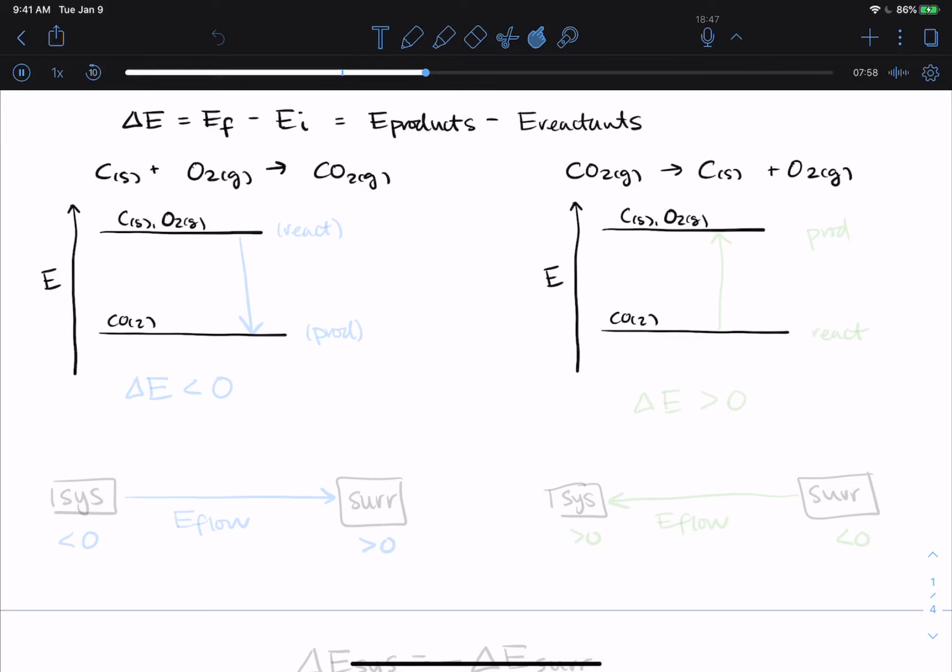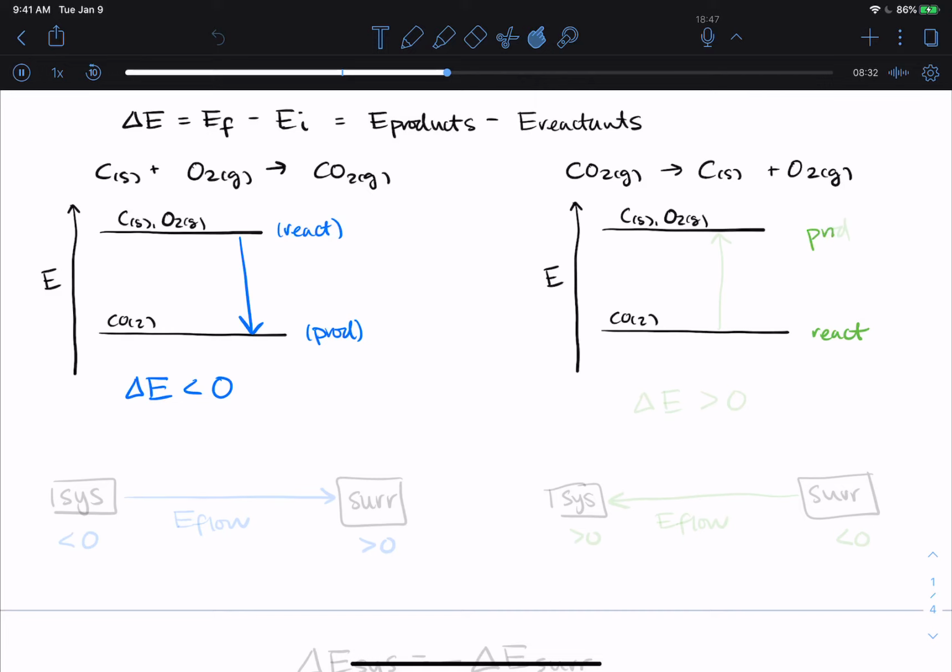Now, what is different is that in my reaction on the left, this carbon and oxygen are my reactants, and CO2 is my product. So when this reaction runs, it goes from reactants to products. So my E final minus E initial is going to give me a delta E that is negative. In my reaction on the right, the CO2 is the reactant.